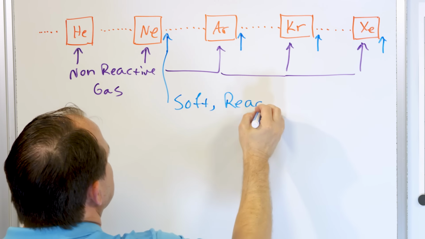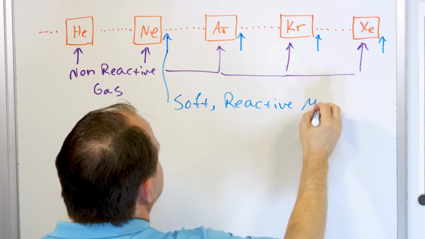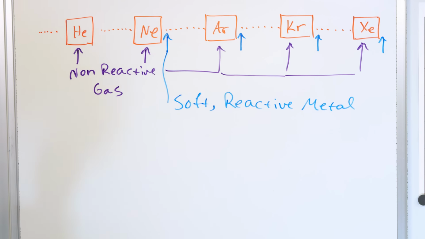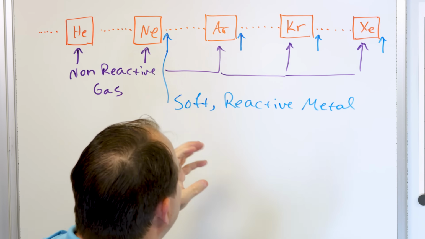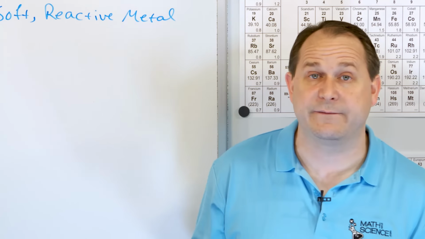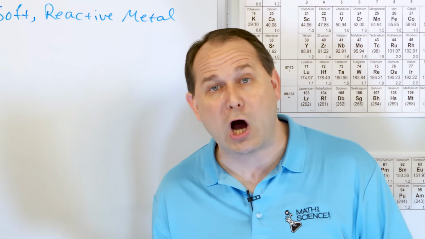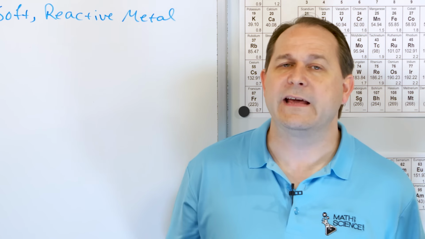Every time. So right after neon is a soft reactive metal. And what I mean by reactive is it reacts with lots of things. It reacts with oxygen, maybe it reacts with water, and you can just tell that chemistry is happening.